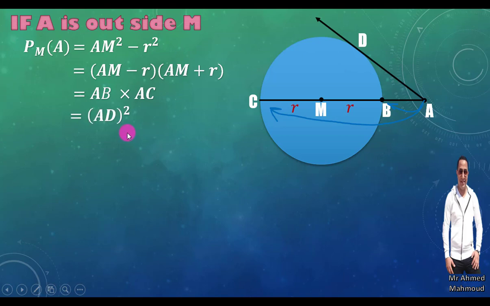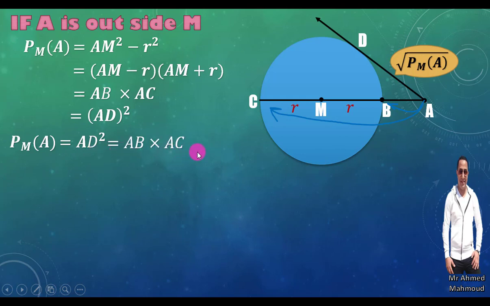Finally, I can conclude this rule: power of A equals AB times AC, which equals AD power of 2. Okay, this is AD. So AD equals root power of A. Finally, power of A equals AD power of 2, which equals AB times AC.